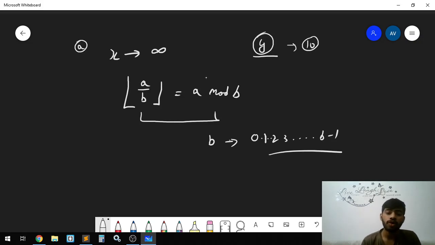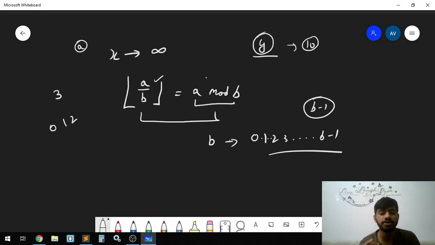So for any number b, at most this equation is possible b minus 1 times. Let us suppose that b is 3, then I can find a such that its mod can be either 0, 1 or 2.